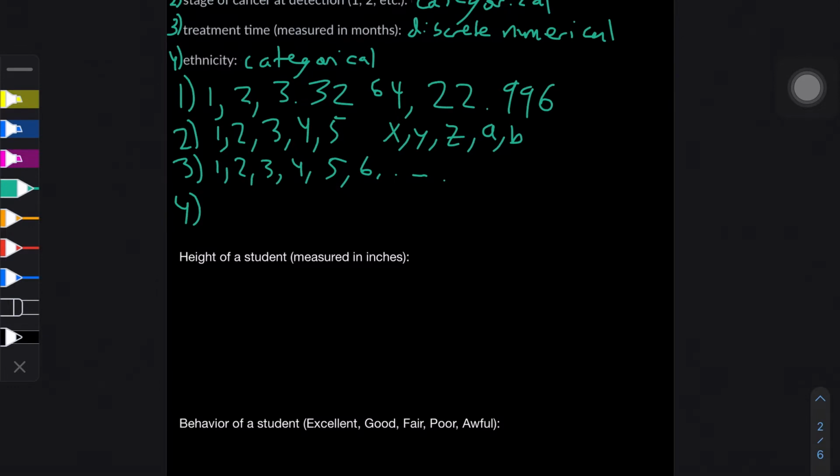So you can have decimals in inches, and think about it like as you're growing, you don't grow 1 inch at a time, you grow a tiny little bit of an inch at a time. So you grow like the smallest amount you could at a time. And so there's no way to measure that exactly and make it discrete. So this would have to be continuous numerical.